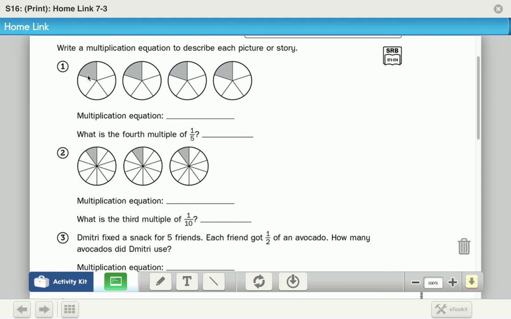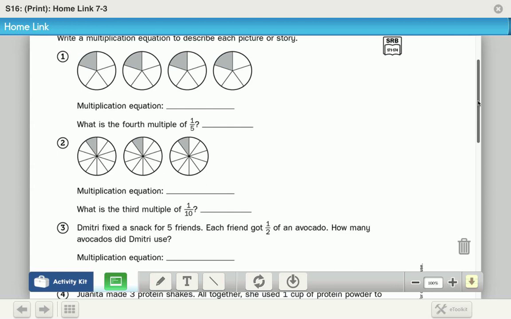And then what size is each group? Well, what size is the fraction piece? So I can see it's cut into fifths, and there's 1 of them shaded. So the size is 1/5. So it's 4 groups of 1/5 for my equation. And then what's the 4th multiple of 1/5? So if I count by 1/5, 4 times 1/5, 2/5, what would I get for my answer?